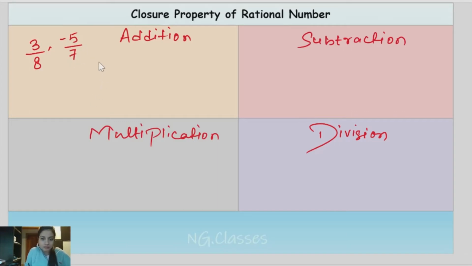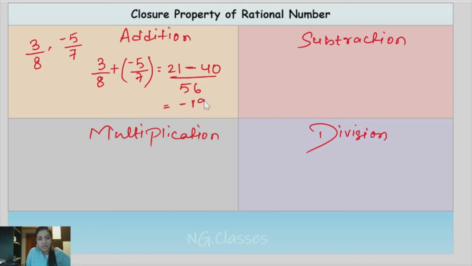Add it. 3 by 8 plus minus 5 by 7. LCM will be 56. Here we'll get 21 and then negative sign, then we'll open the bracket and then 40. So minus 19 by 56, which is a rational number. So when I am adding two rational numbers, my answer is also a rational number. So I can say rational numbers are closed under addition.